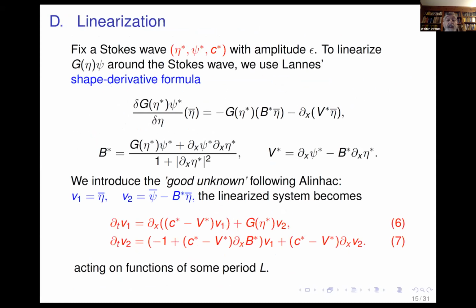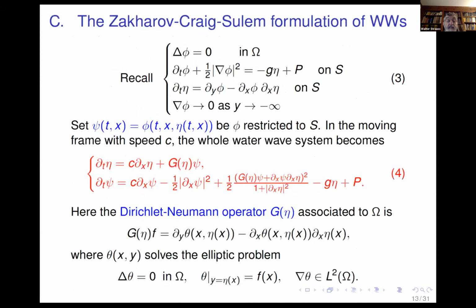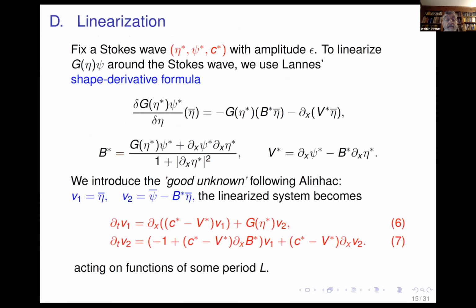And now we want to linearize. We have to linearize this system in red. So the way we do it, we have to take the Frechet derivative of G of eta psi. Now I'm going to use star, an asterisk, to indicate the Stokes wave of amplitude epsilon.